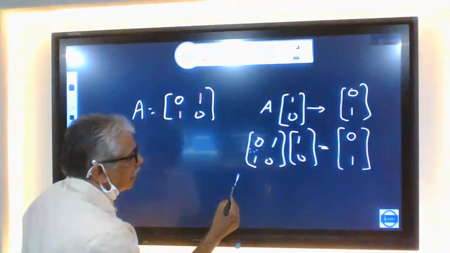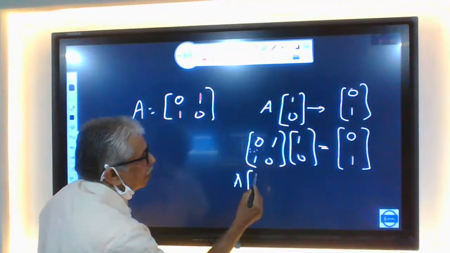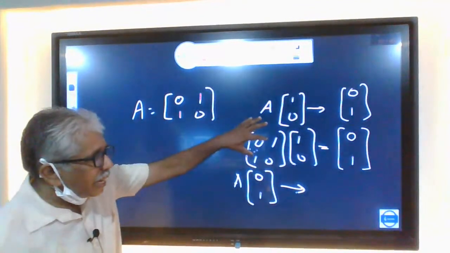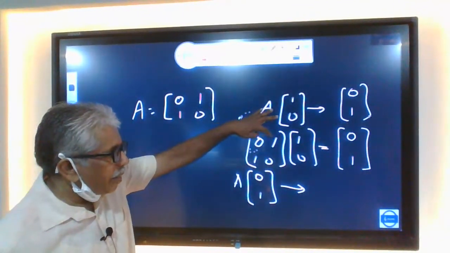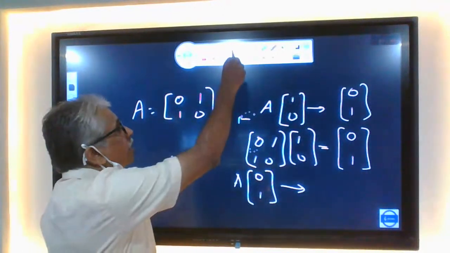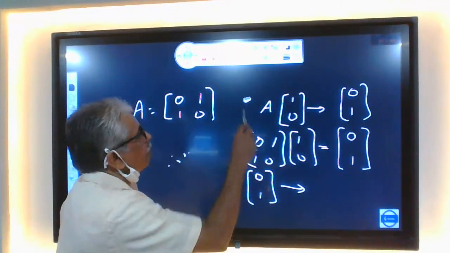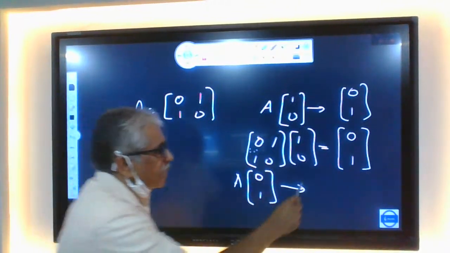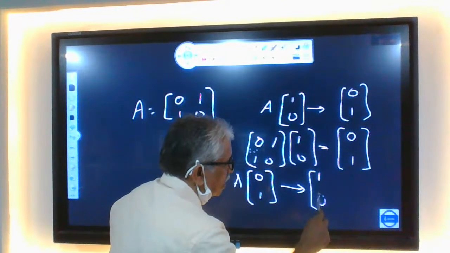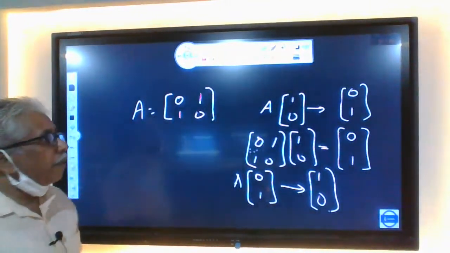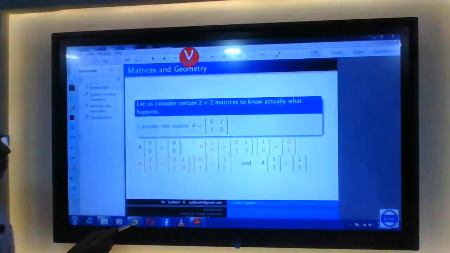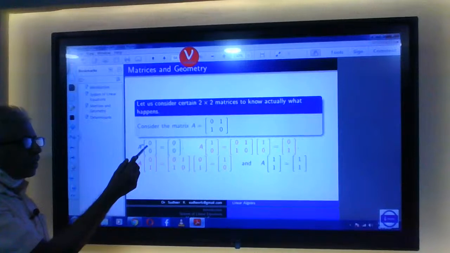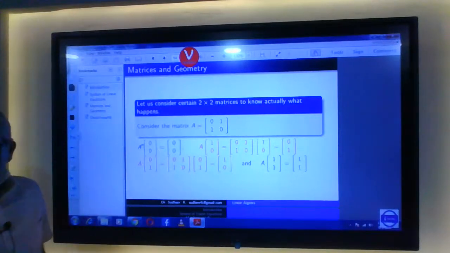Similarly, what is A on 0 1? For that, you need a similar calculation. The matrix is multiplied to 0 1, and you will get 1 0. What is matrix A multiplied to the origin? It is the origin only.